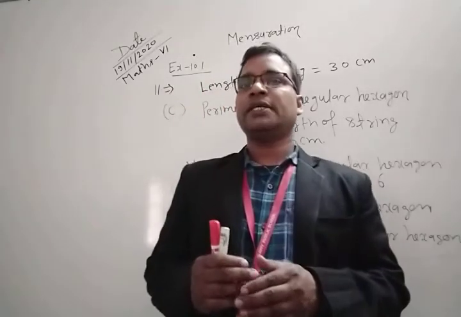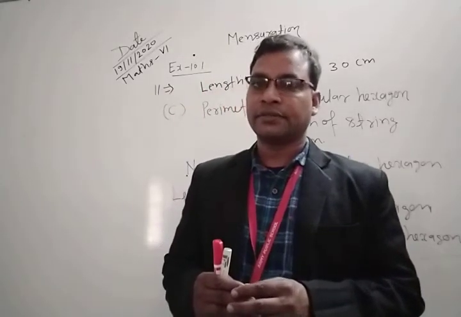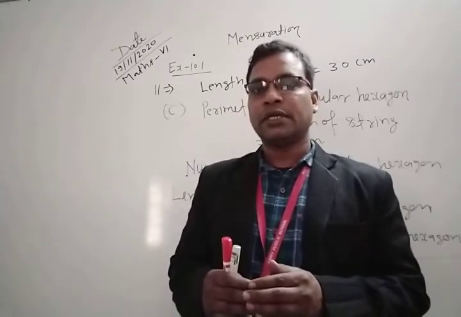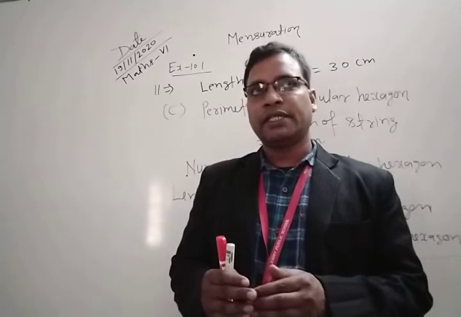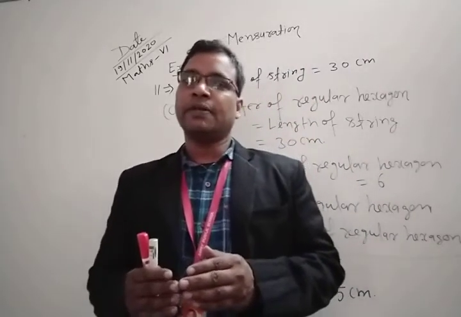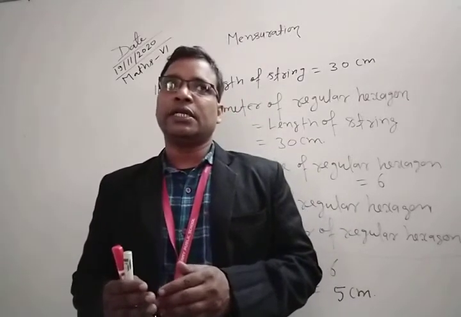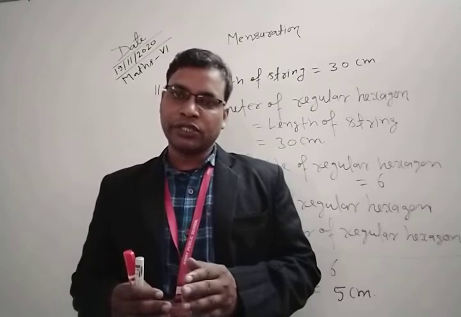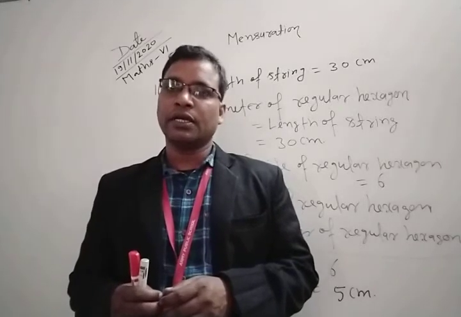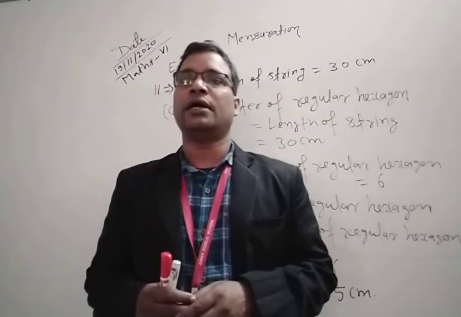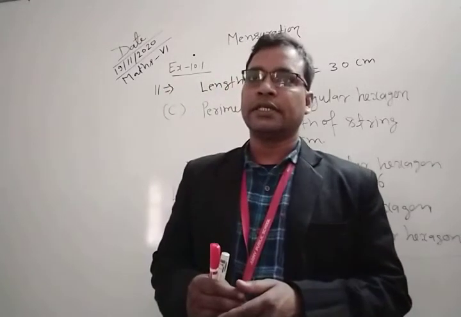Now we need to find each side of the equilateral triangle. We divide 30 centimeters by 3, because an equilateral triangle has 3 equal sides. So 30 centimeters divided by 3 gives 10 centimeters. In this way you find the side of an equilateral triangle is 10 centimeters. This is clear.